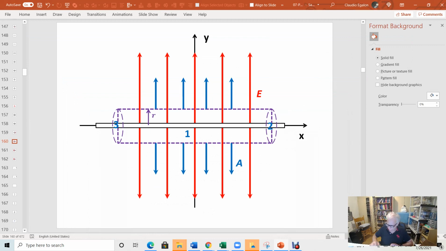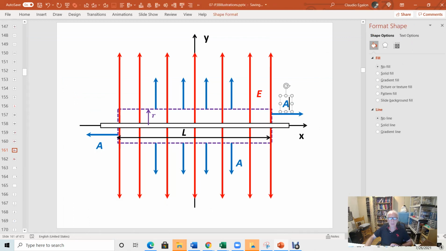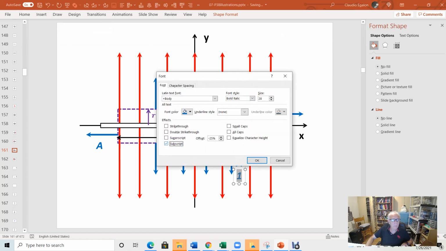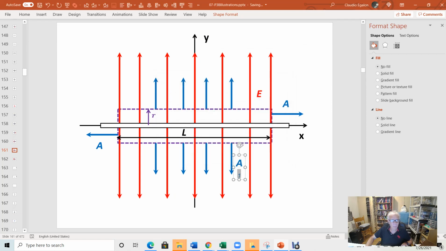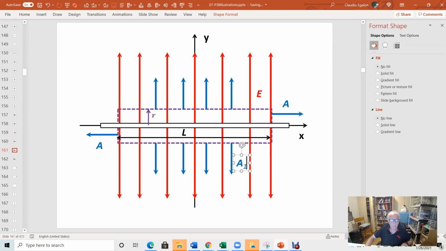See this area here, here is area number 2, here's area number 3. That's going to be area 1.